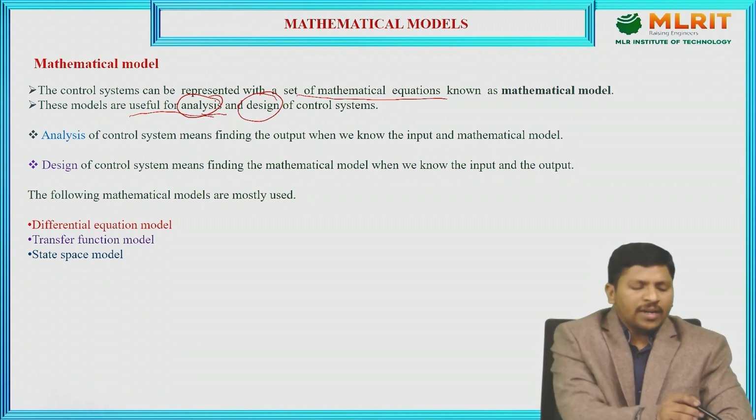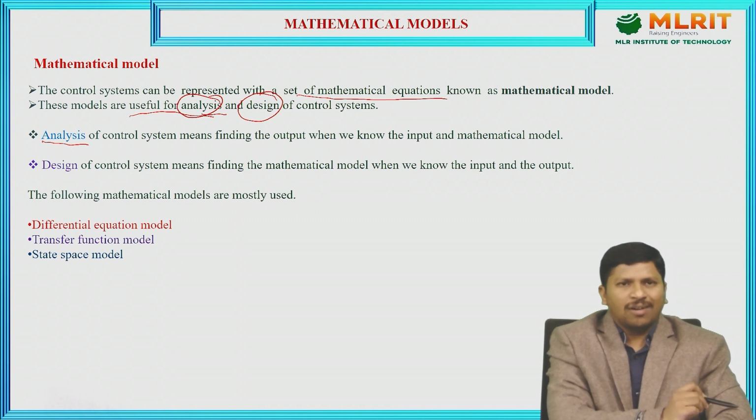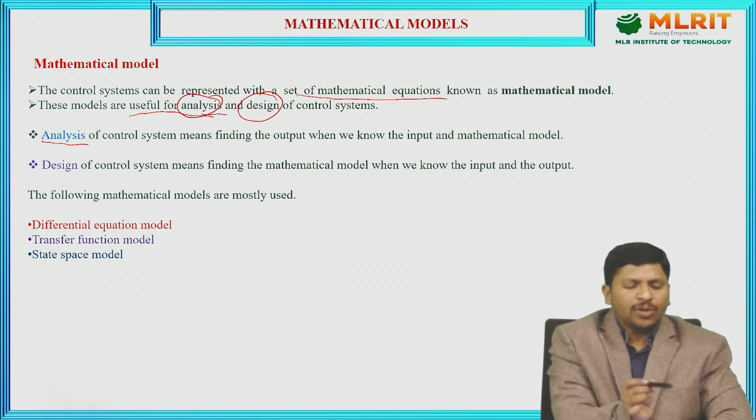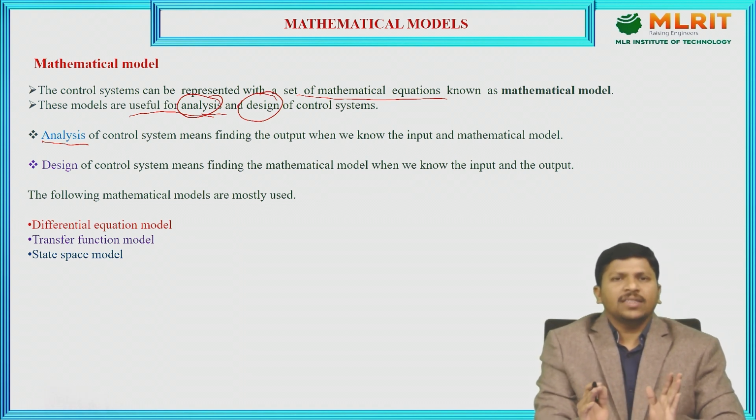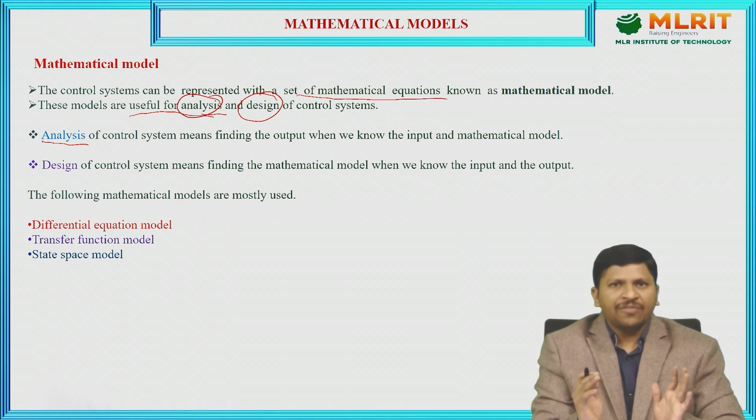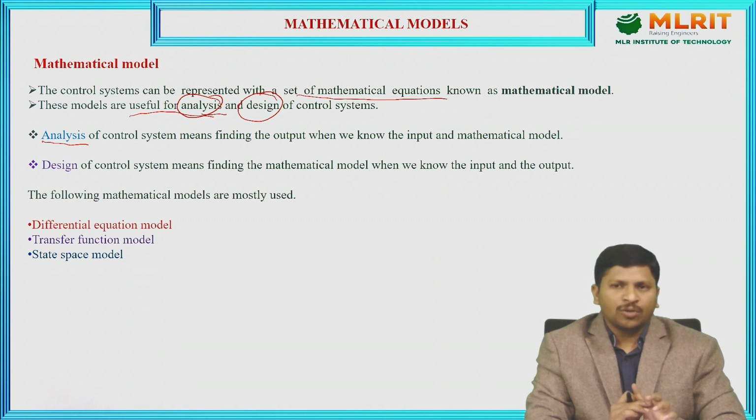What is the meaning of analysis? Analysis of a control system means finding the output when we know the input as well as the mathematical model. From that we find the output, and that process is the analysis of a control system.